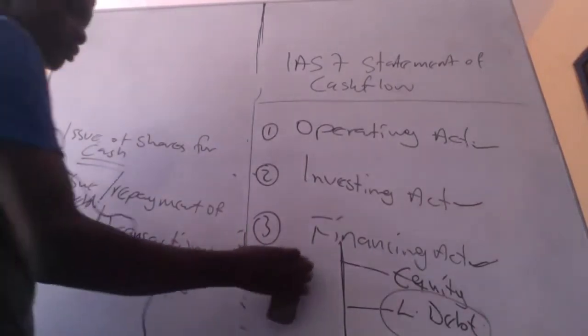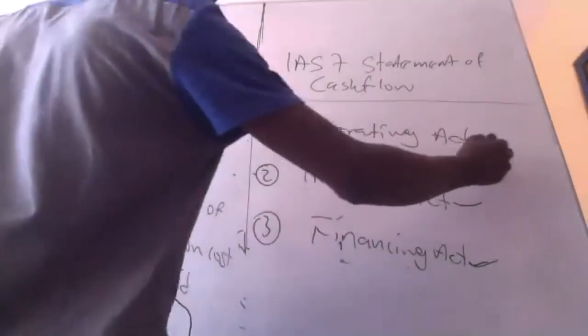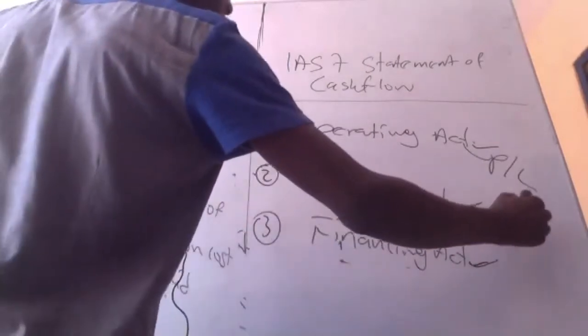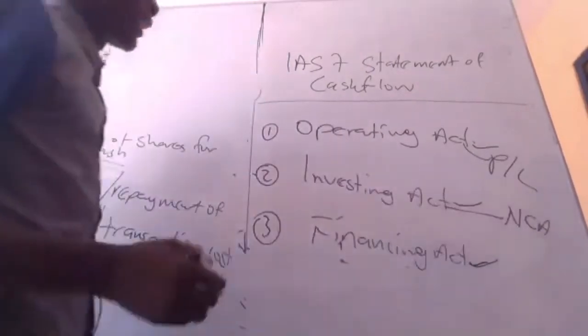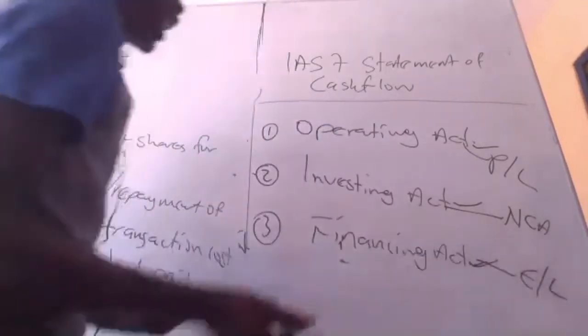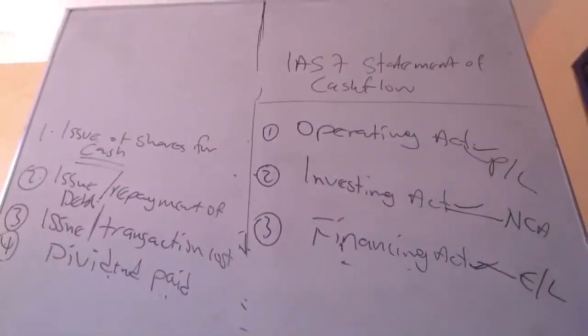Now I'm done. So you can see, this is coming from the profit and loss, the P&L. This is coming from the non-current asset aspect on the balance sheet. And this is coming from equity and liability. We have balanced the equation. Which equation? The accounting equation is balanced.